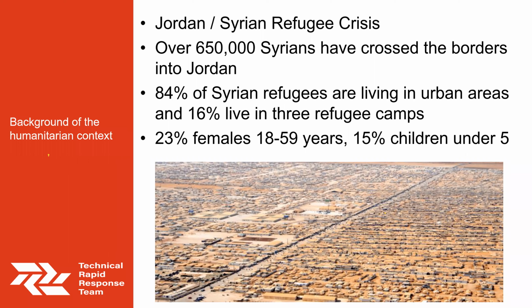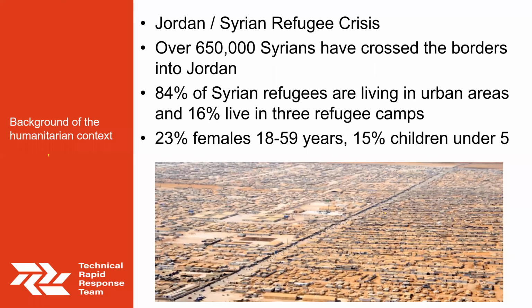Also, data from UNHCR says that we have 23% females between 18 and 59 years, and 15% children under 5. The percentage that may be the highest is actually the newborns or the new deliveries in Zaatari. We had around 80 to 100 new deliveries on a weekly basis in Zaatari. So that was a high percentage.